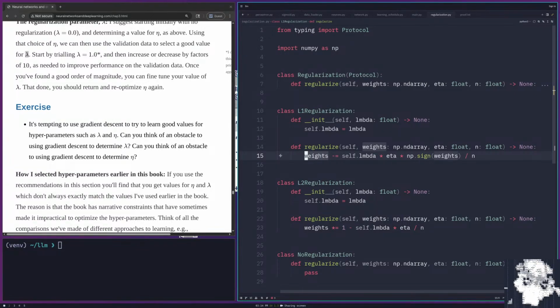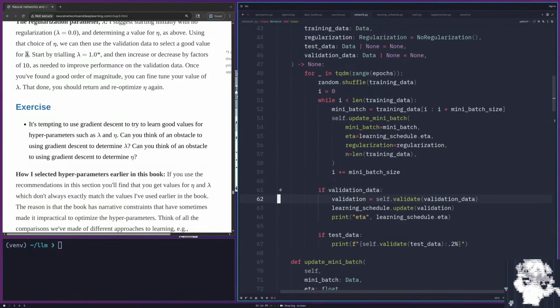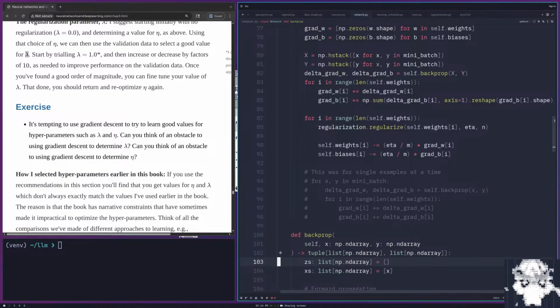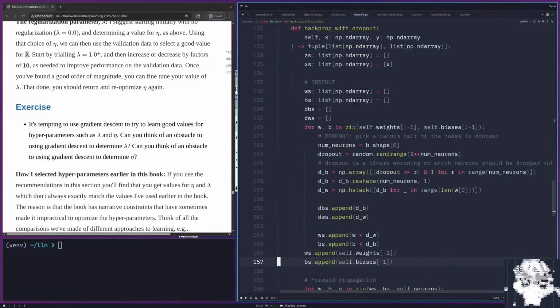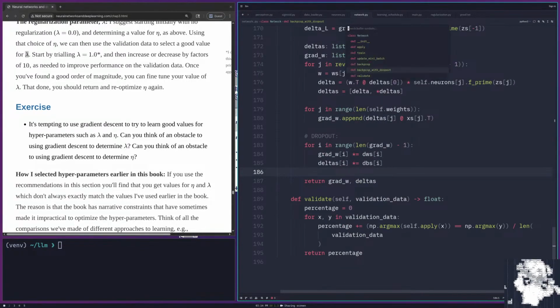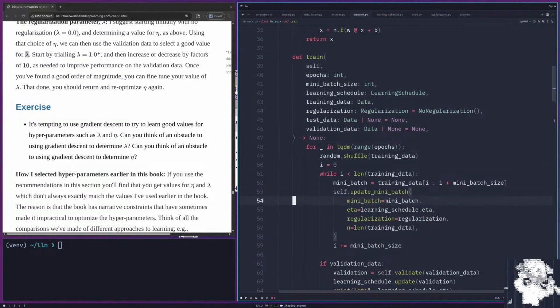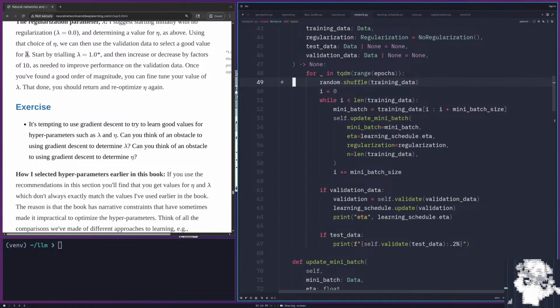I don't love that I have to pass eta and n down, especially n. That seems really weird, because n is getting passed down from really far away. n is the length of the training data, which is something that the regularization needs and nothing else needs.